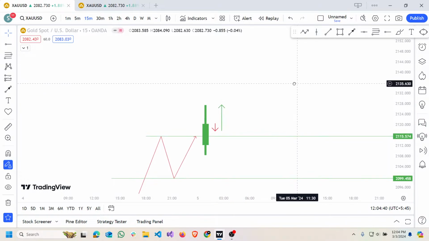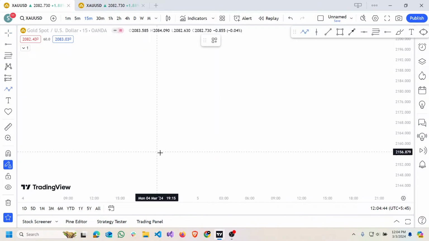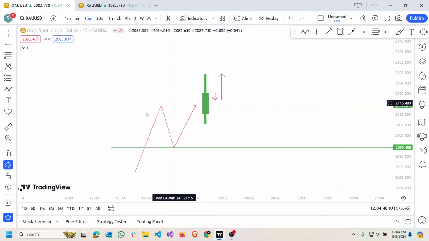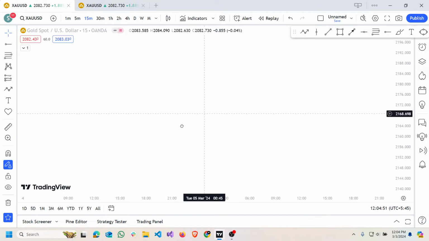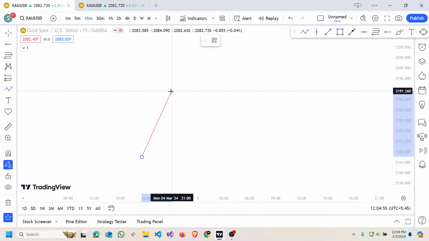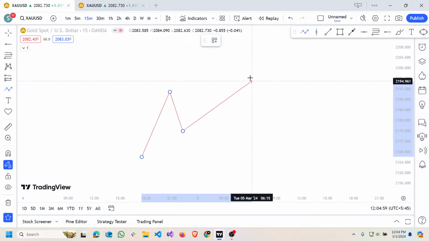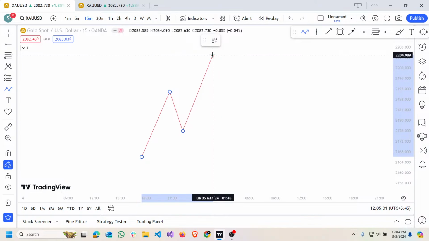Okay, this is setup one. Now let's go to the next setup. This applies in both bullish and bearish trends. So the next setup is we have this, this, and this.